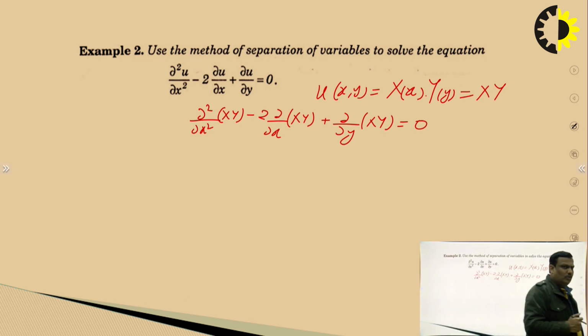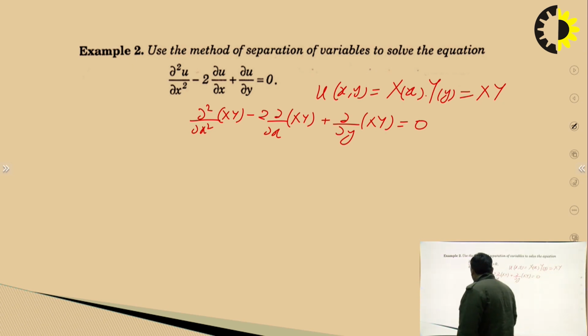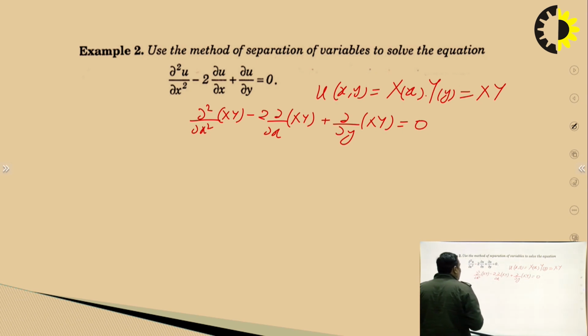Here u has come out in the form of XY. We have put the value of u, XY, in all three terms. Now, operating the partial derivative in the first term, second order but of a function of small x, so Y is a constant: d2X upon dx square.